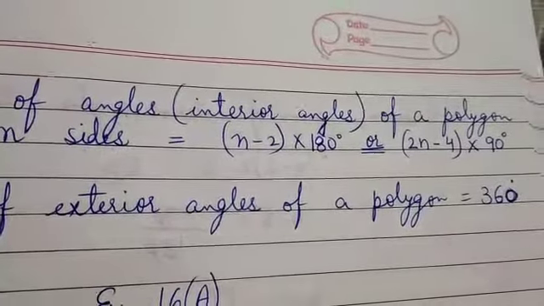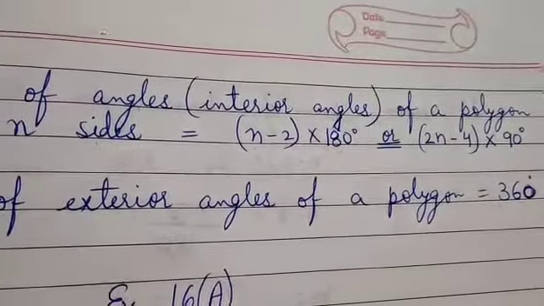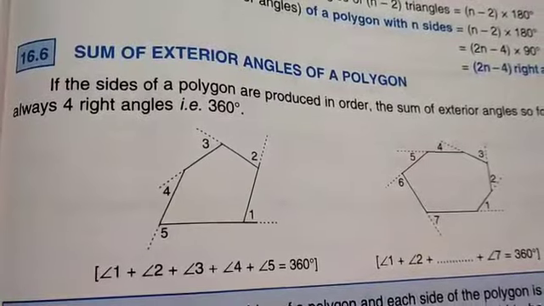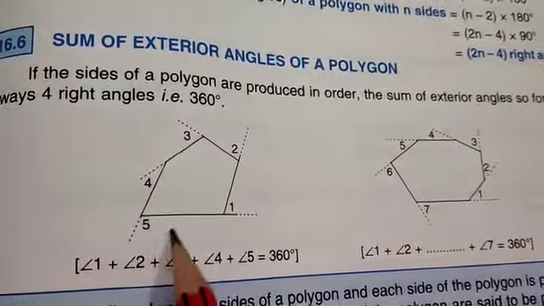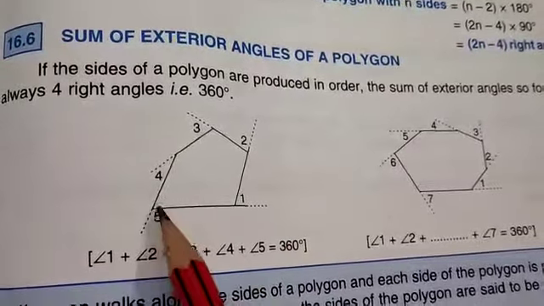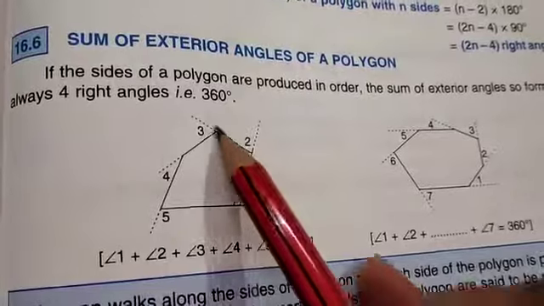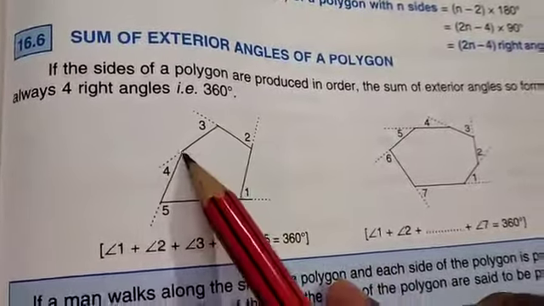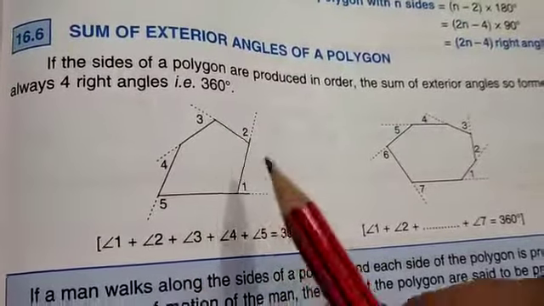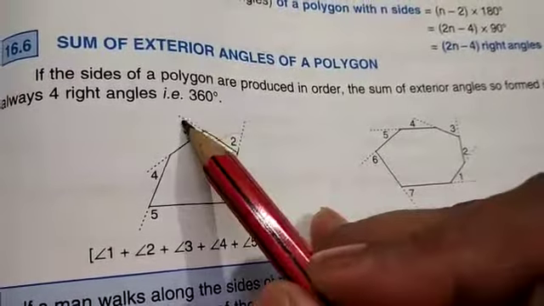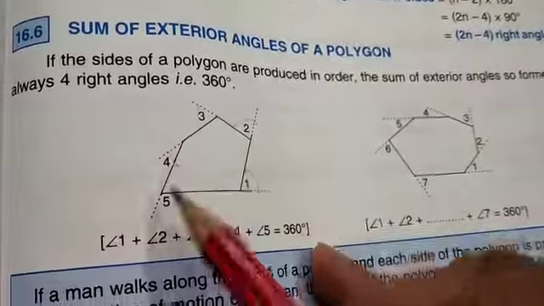So what exterior angle means, I think you know very well about the exterior angles. When we produce the sides of a polygon in an order, like this side we produce, the second side we produce, the third side we produce, the fourth side we produce, the fifth side we produce. So the outer angle is actually the exterior angle, the outer one.